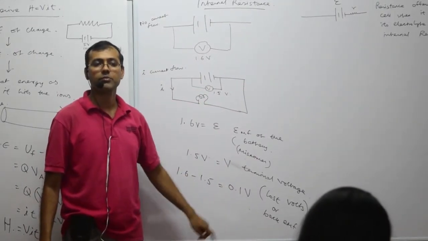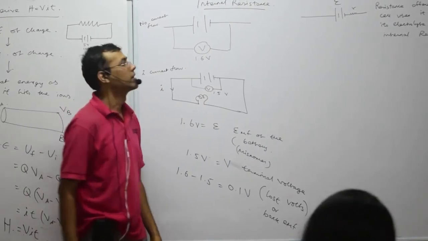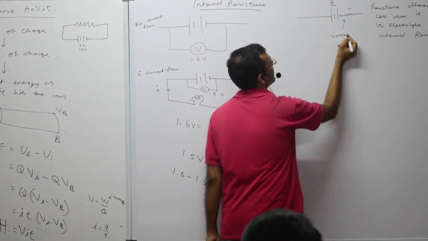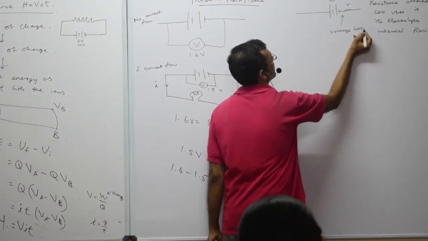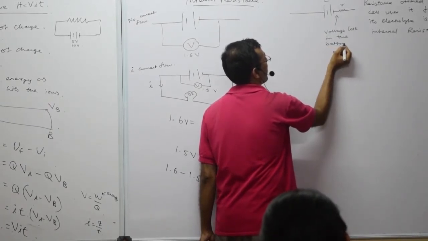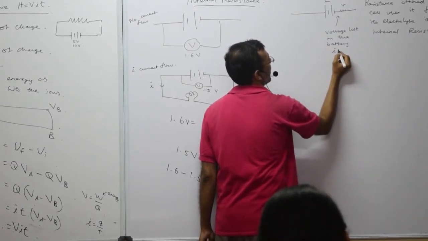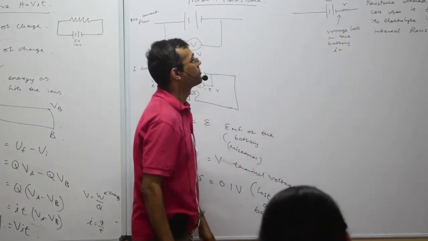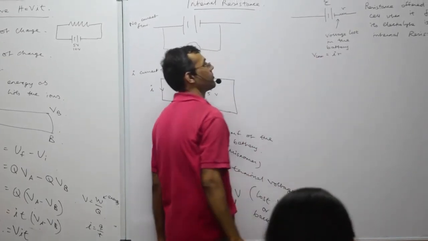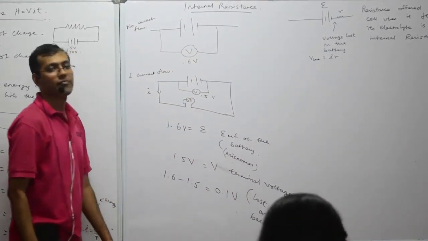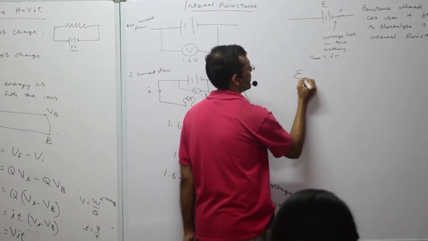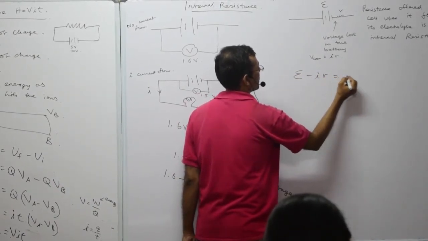V is equal to IR, so the voltage lost in the battery will be I into r. So it's called V lost. That means E minus Ir is my V.